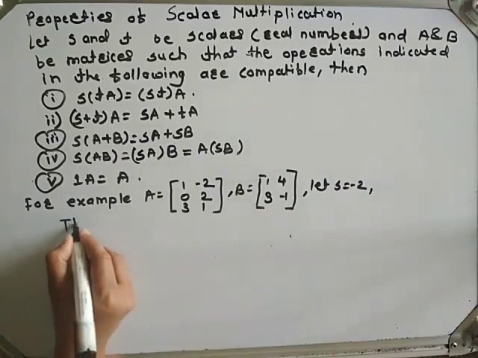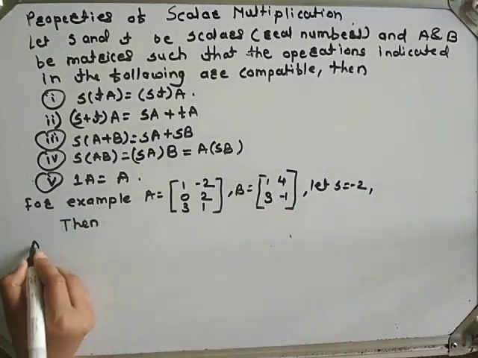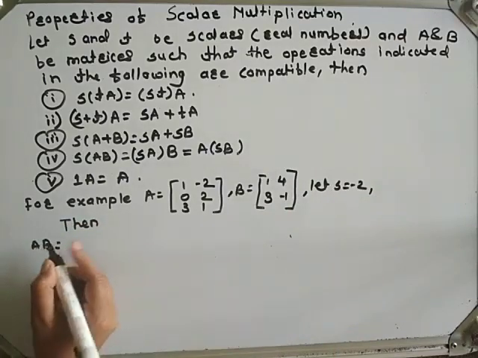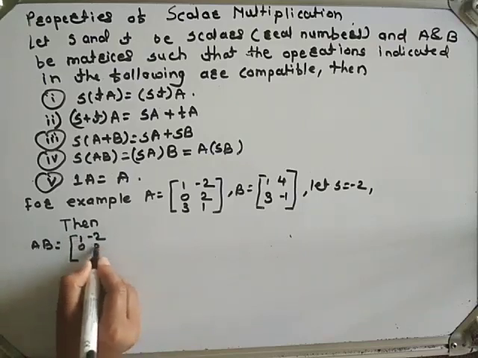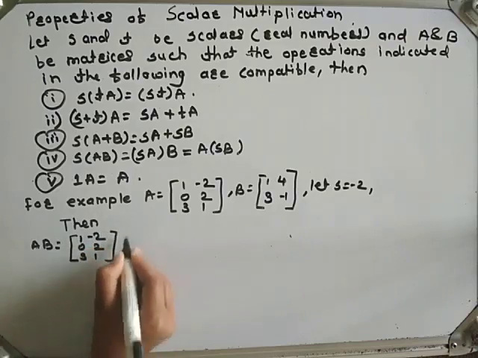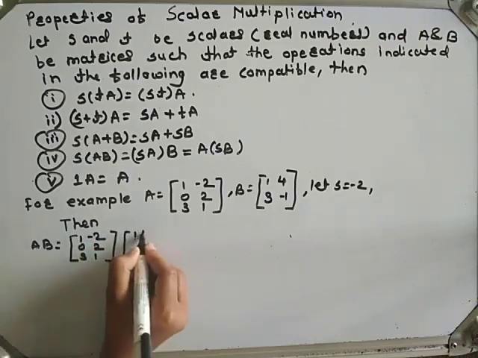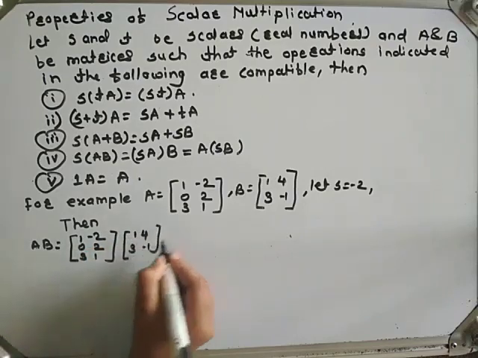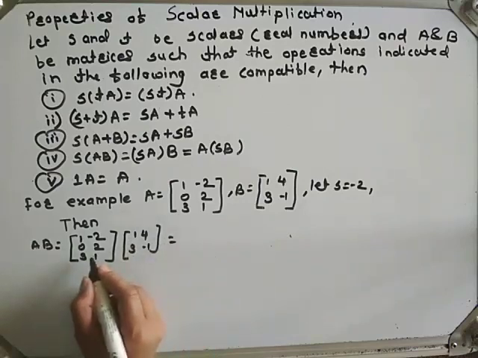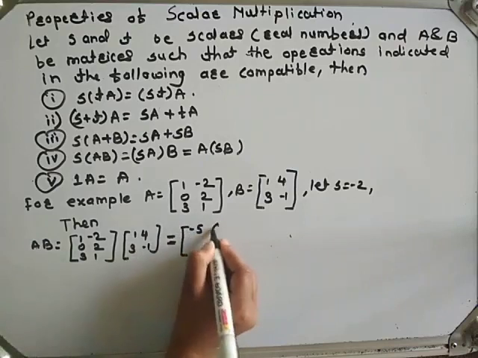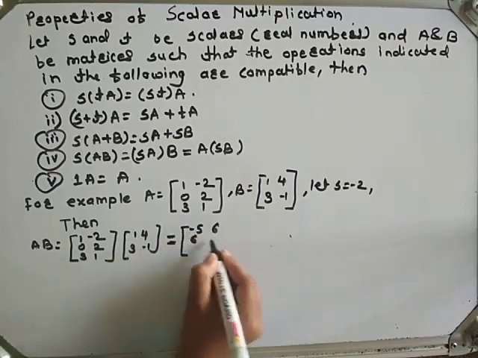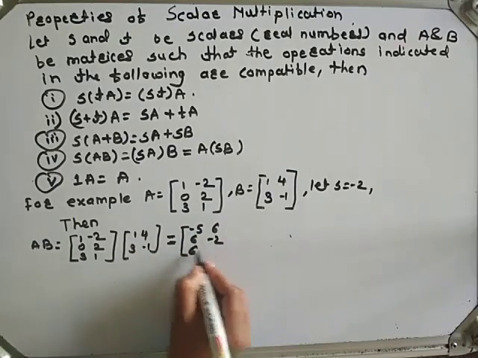Then A into B means matrix [1 -2; 0 2; 3 1] into B [1 4; 3 -1]. After multiplying these two matrices, we get [-5 6; 6 -2; 6 11].